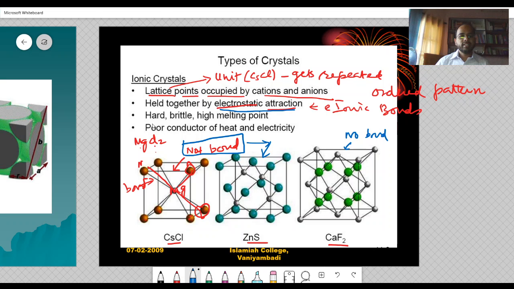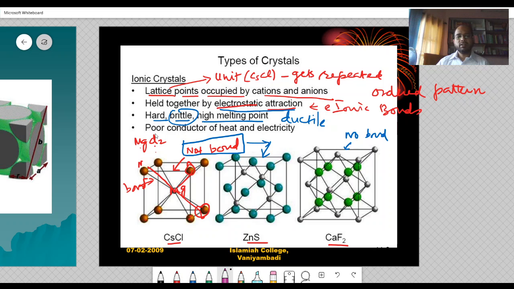And because of their ionic nature, they are hard, brittle, and have a high melting point. Brittle means once you try to bend it, it breaks. They are hard, they cannot be bent, but they will break if you try to do that. Something like glass, it doesn't break in a particular order. Whereas the opposite of brittle is ductile, like rubber, which you can bend, which you can shape according to your requirements, right?